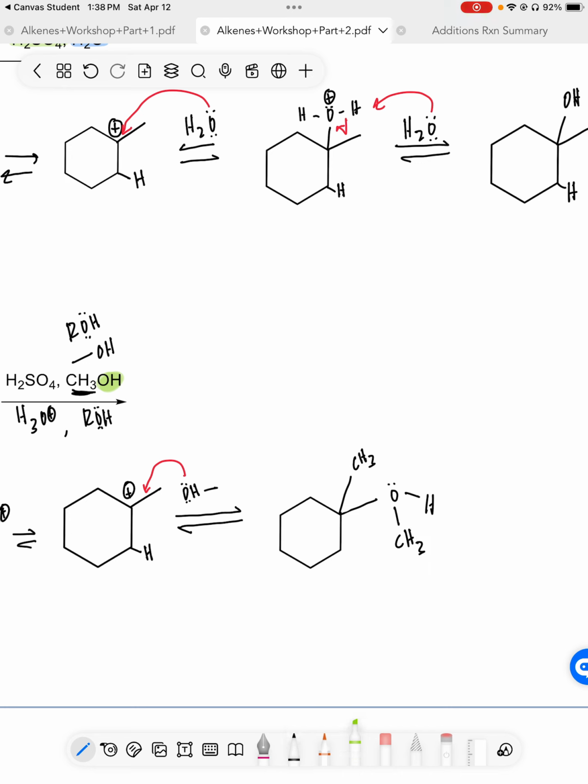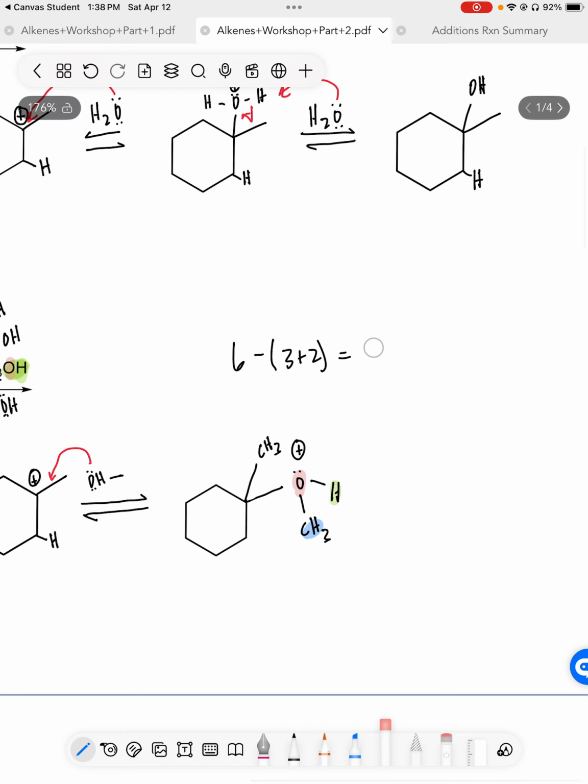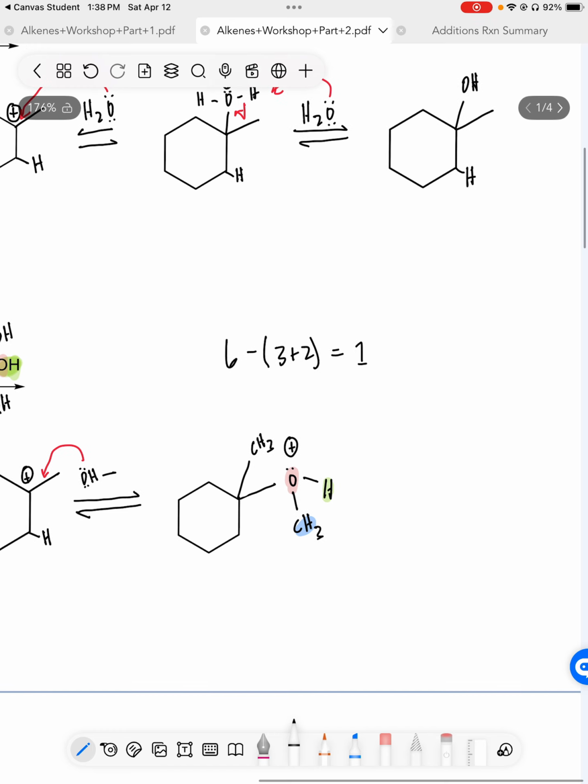So hopefully you can kind of see that alcohol, like here's the H, here's the H, here's the O, here's the O, and then here's our CH3 group. So that's what we've added. It's a positive charge. And if you're ever unsure, just do your formal charge. So we know that oxygen has 6 valence electrons, and we've got 1, 2, 3 bonds plus a lone pair, which equals 5. So it's a positive charge, not 5. So we know it has a positive charge.